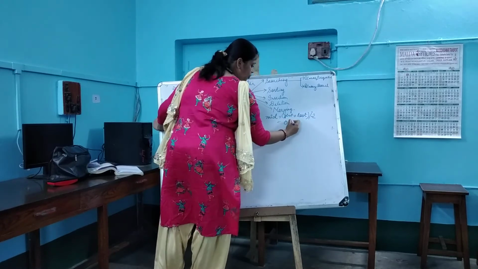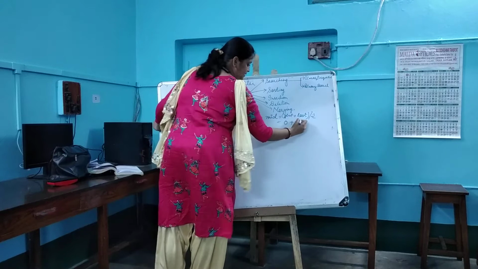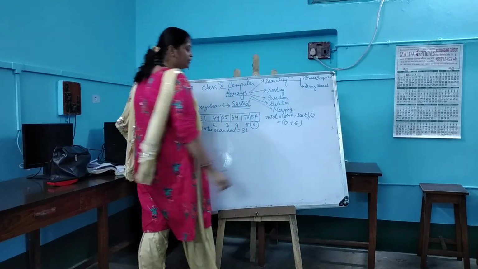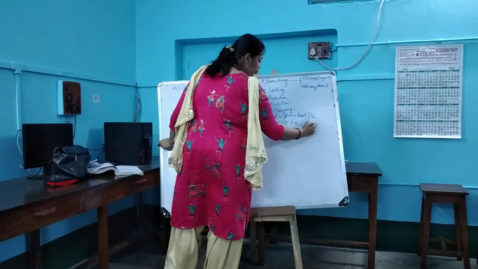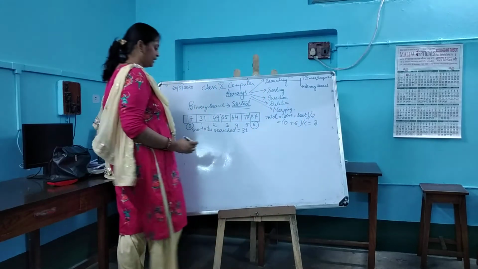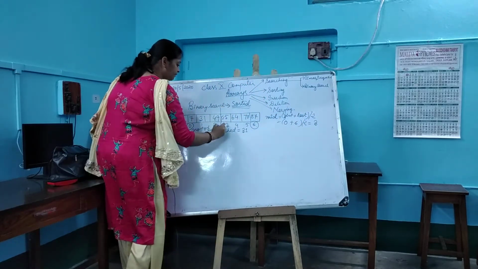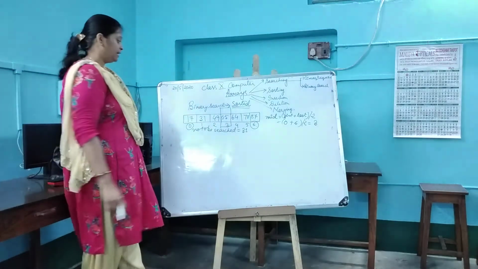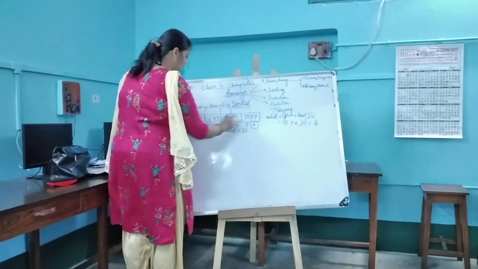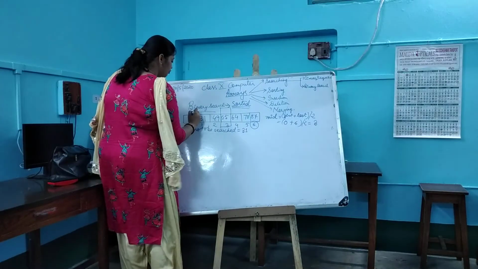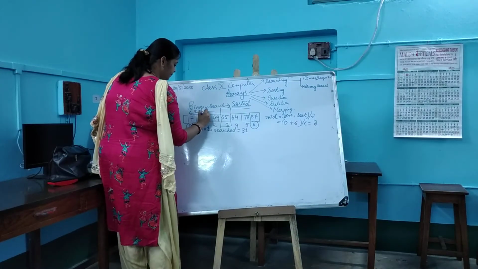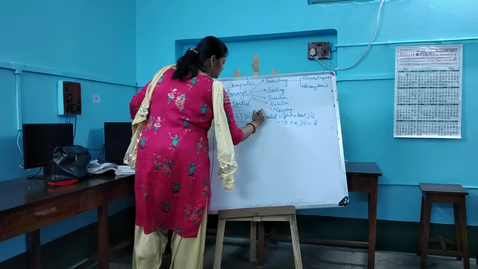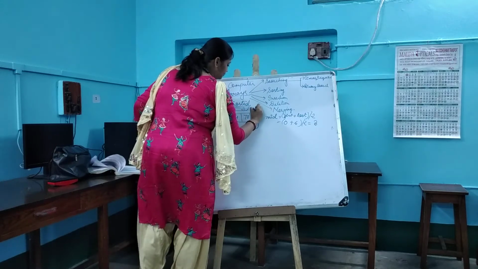First is 0, last is 6. These are the positions I'm adding and then dividing by 2. So we get 3. That means this is our midpoint. It is divided into two equal halves. This is your first half and this is your second half.